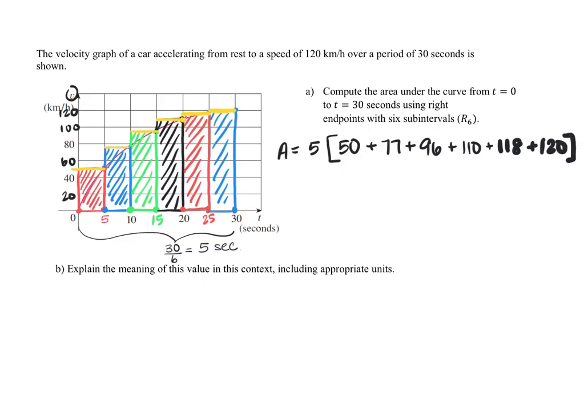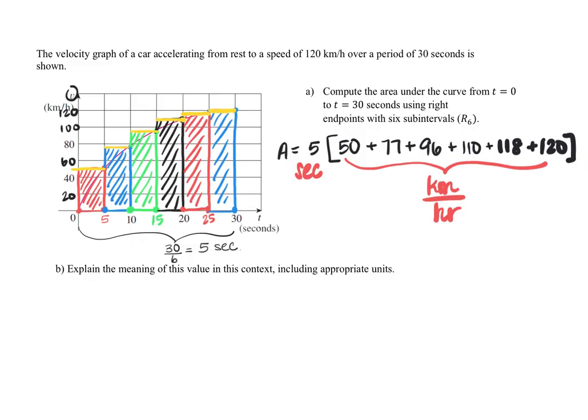Now let's pause here for another moment and think about our units. We want to make sure that the units make sense. The 5 had a unit measurement of 5 seconds. All of these heights are velocities, and those are measured in kilometers per hour on this problem.